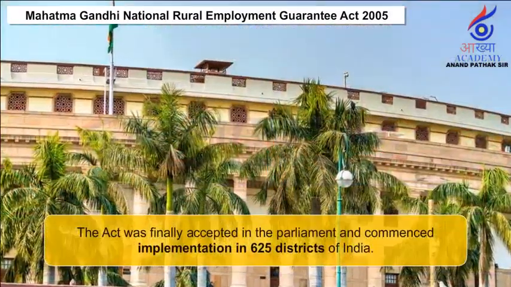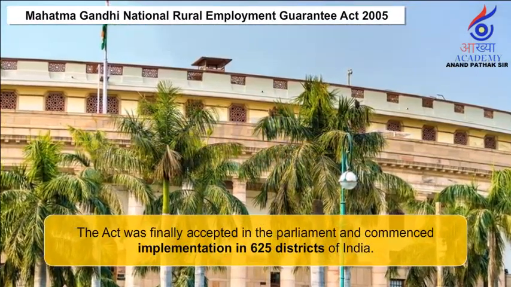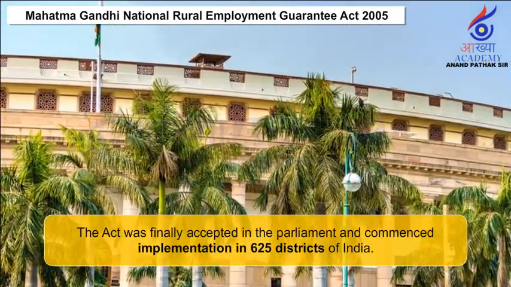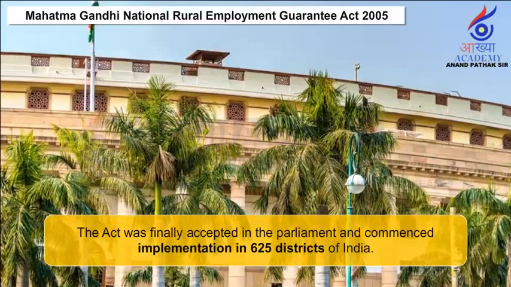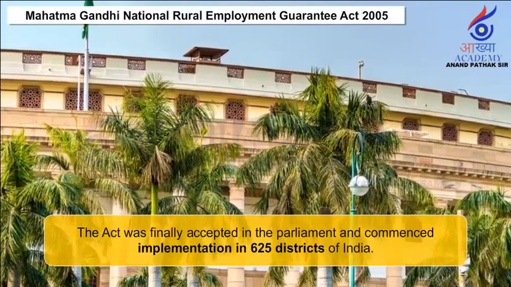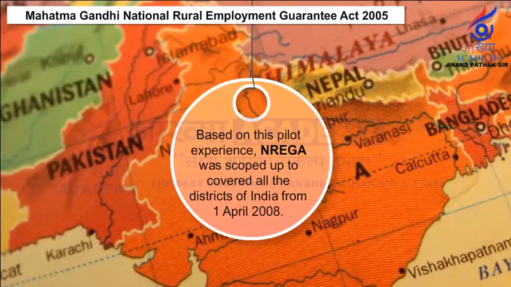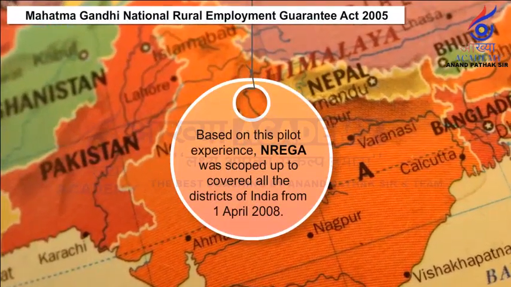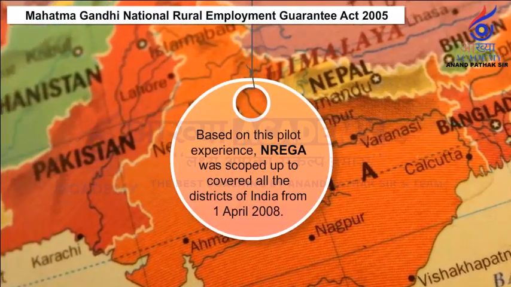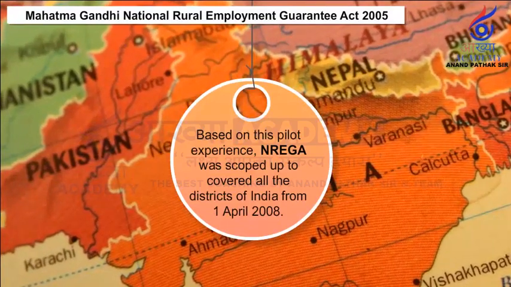The Act was finally accepted in the Parliament and commenced implementation in 625 districts of India. Based on this pilot experience, NREGA was scoped to cover all the districts of India from 1st April 2008.